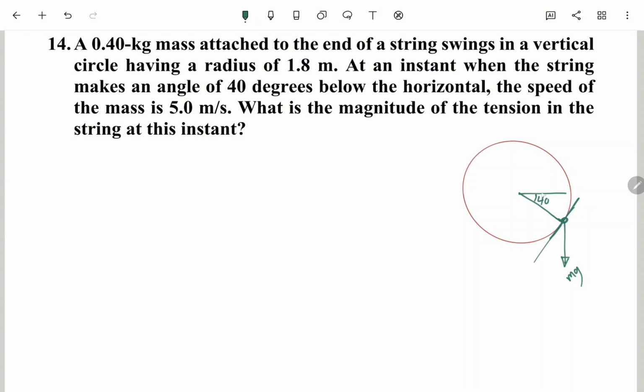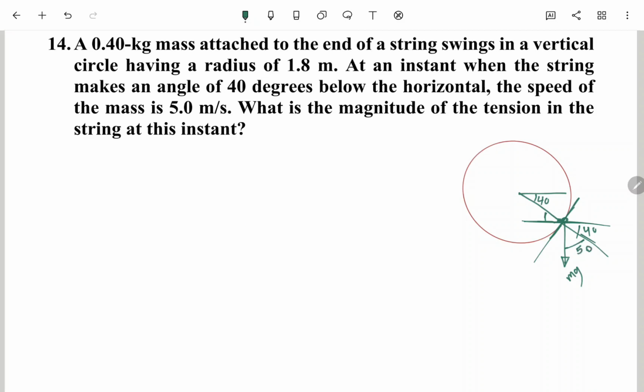So if this is theta, which is 40, this will be theta as well, and this will be as well. So if this is 40, this will be 50 degrees.